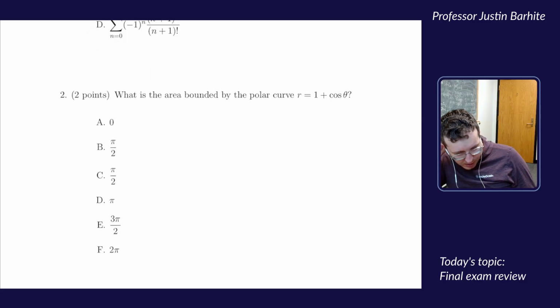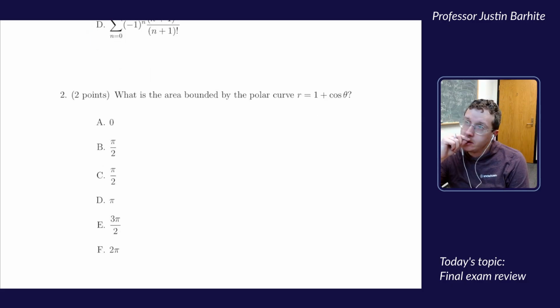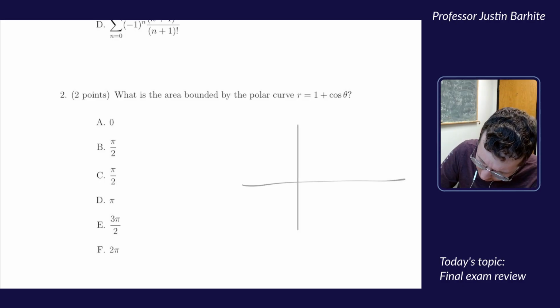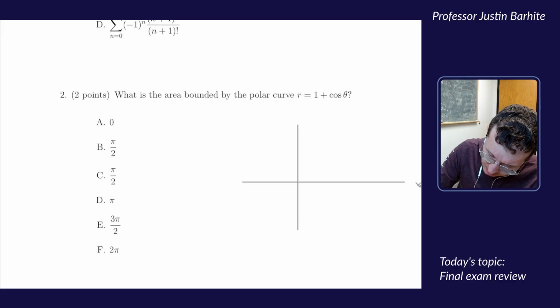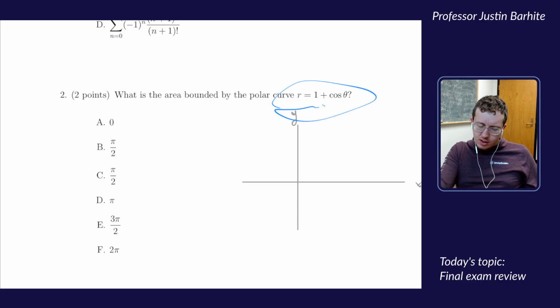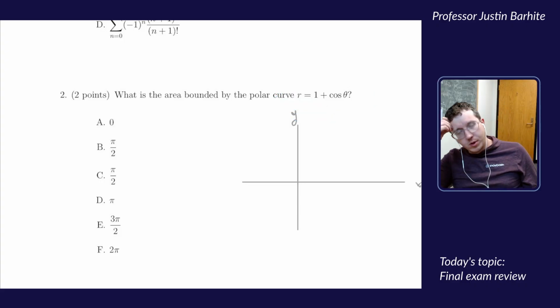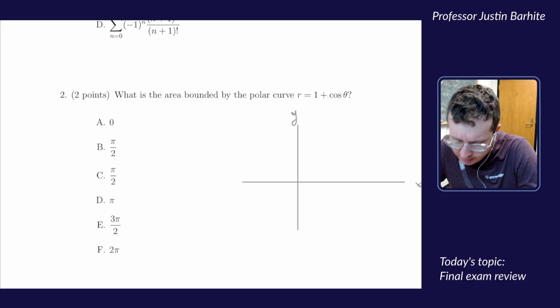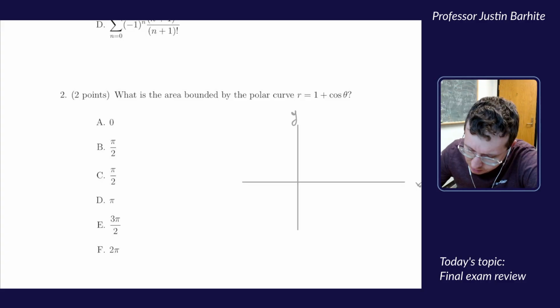No, sorry, r is 1. 1 plus cosine of pi over 2 is 1 plus 0, which is 1. And at 3 pi over 2, the cosine is going to again be 0, so the radius will again be 1. And at pi, the cosine is negative 1, so r is 0.